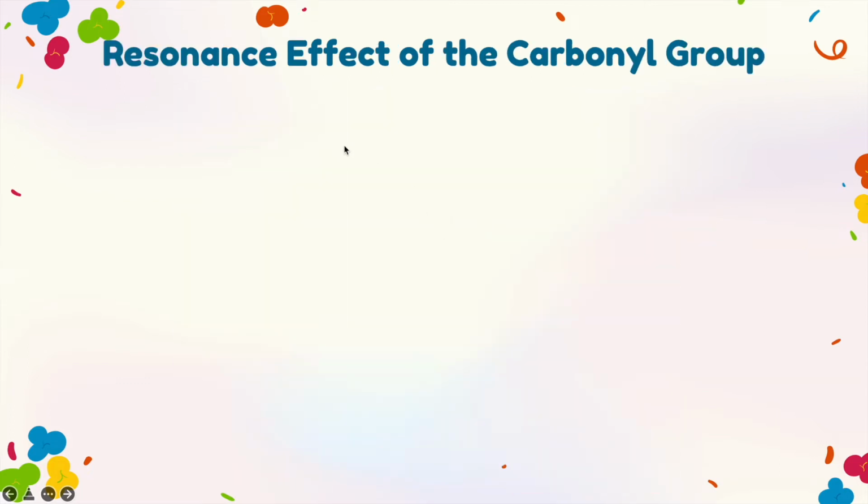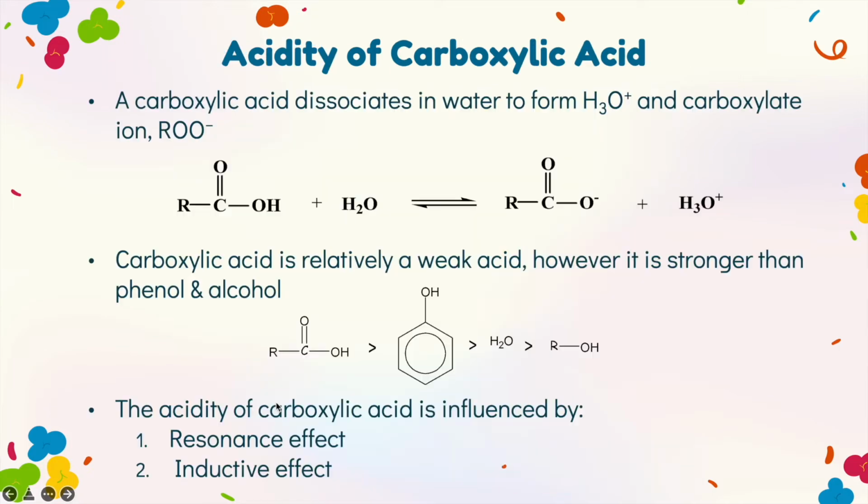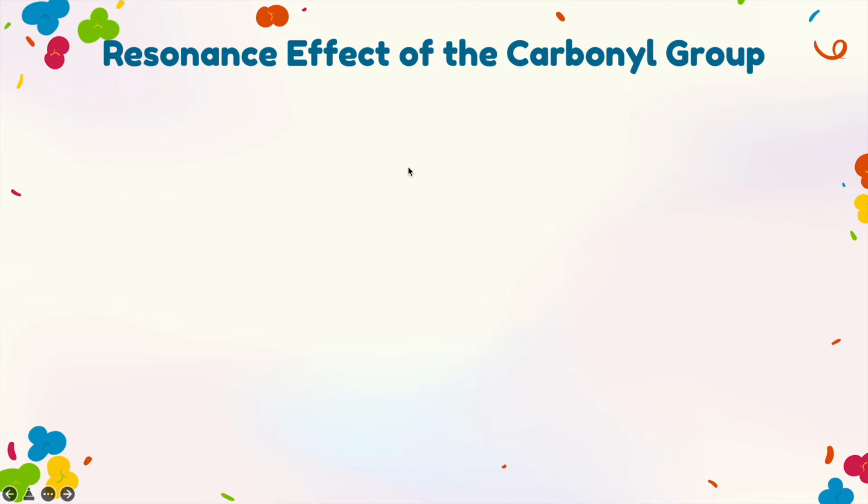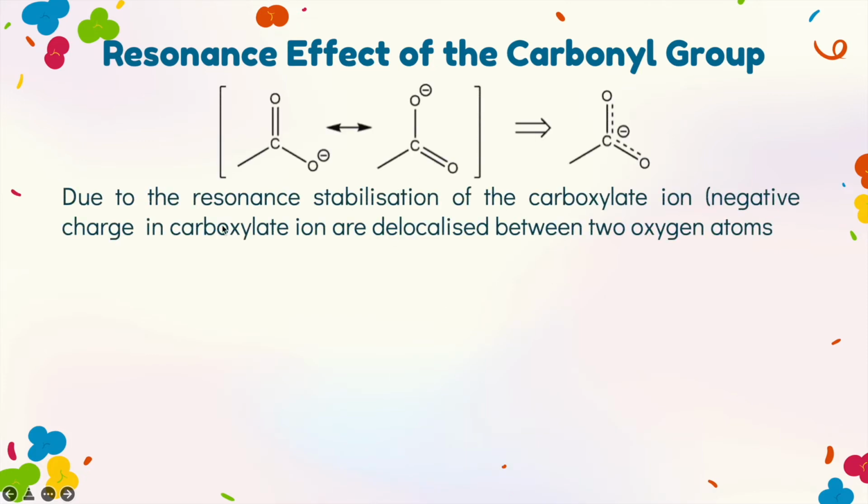We're looking at the resonance effect of the carbonyl group, because the acidity of carboxylic acid is influenced by resonance effect and inductive effect. So let's look at the resonance effect. Here, this is the carboxylate ion. Due to resonance stabilization of the carboxylate ion, the negative charge can be at this oxygen or this oxygen, the oxygen on top or the oxygen at the bottom.